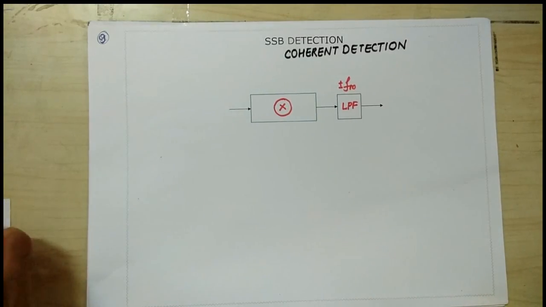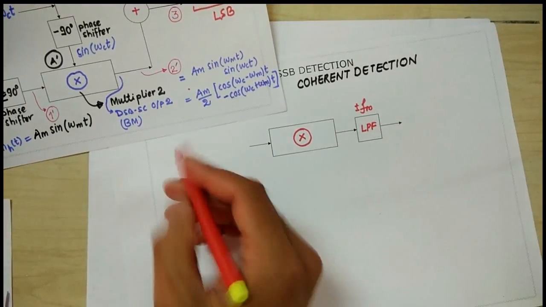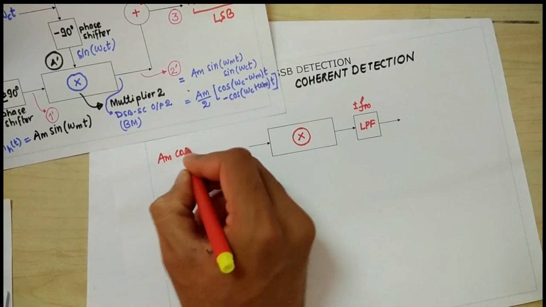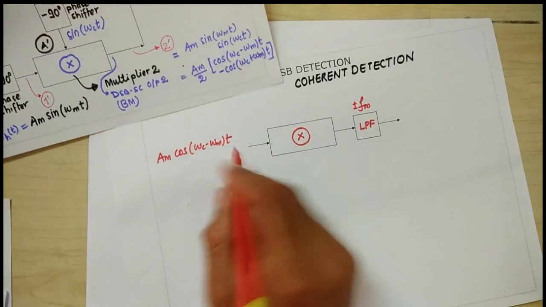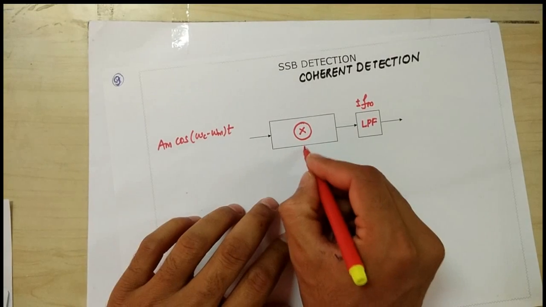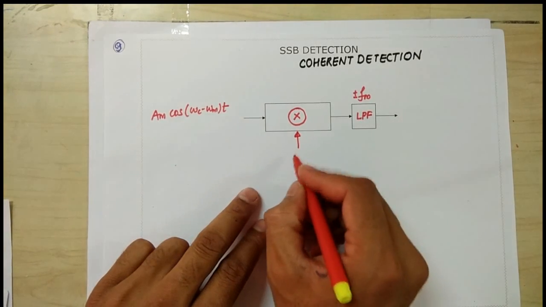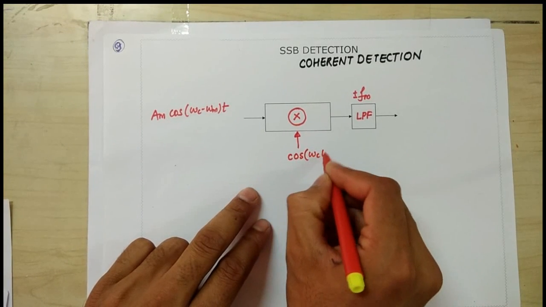What is the block diagram of generating SSB? So let's say take an LSB signal. So this is Am cos of omega C minus omega M t. So this is basically the input to this detector, and the second input is going to be the carrier signal whose frequency is omega C t.